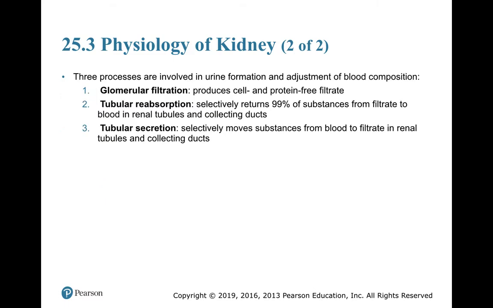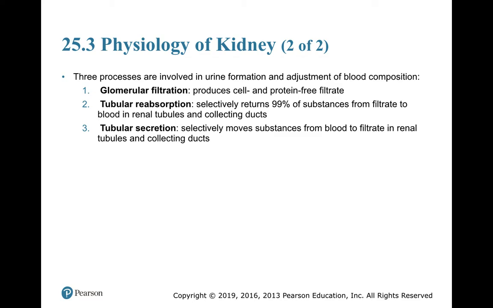There are going to be 3 processes involved in forming urine and adjusting that filtrate so that we can maintain blood composition. Those 3 processes are glomerular filtration, which produces cell and protein-free filtrate; tubular reabsorption, which is going to selectively return about 99% of the substances from the filtrate to the blood in the renal tubules and collecting ducts; and then tubular secretion.